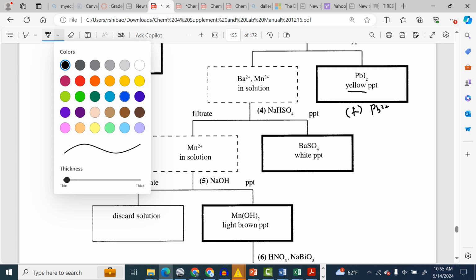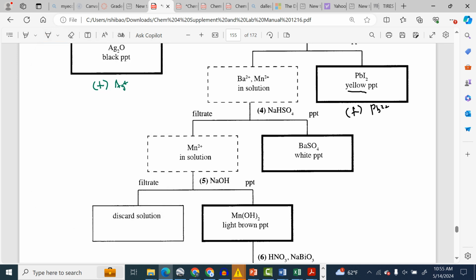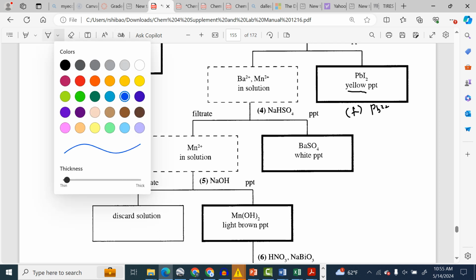So how do we separate barium from manganese? Well, sodium, what's this called? Not hydrosulfate.